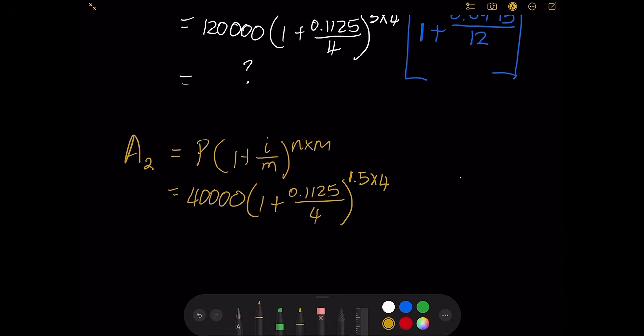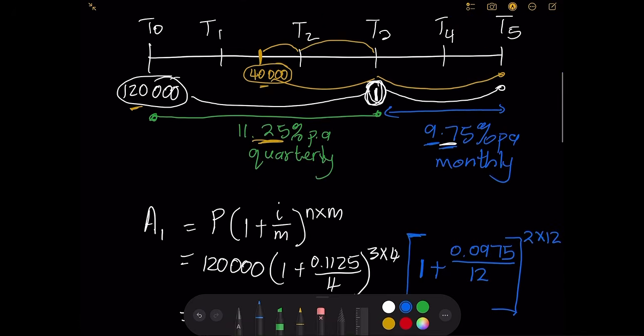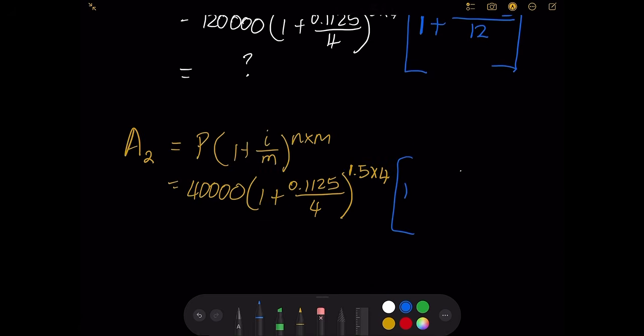Now of course thereafter the accumulated amount at this point would now earn interest over the rest of the 2 years that are remaining at 9.75. So in this case, that would be 1 plus 0.0975 divided by 12. But remember, we've got 2 years, and we have got 12 months in a year.